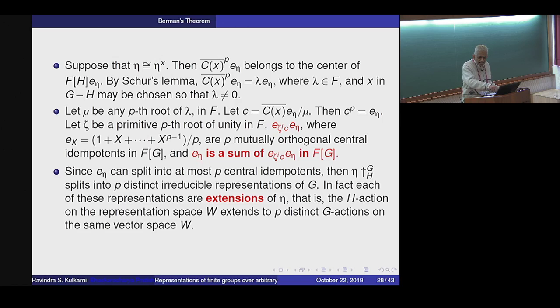Then c to the p is exactly e eta, and then if you define e sub x, where x is an indeterminate, as 1 plus x plus x square up to x to the p minus 1, over p, and for this, if you plug in theta to the i times c, where i runs from 0 to p minus 1, then these are p mutually orthogonal central idempotents in FG.